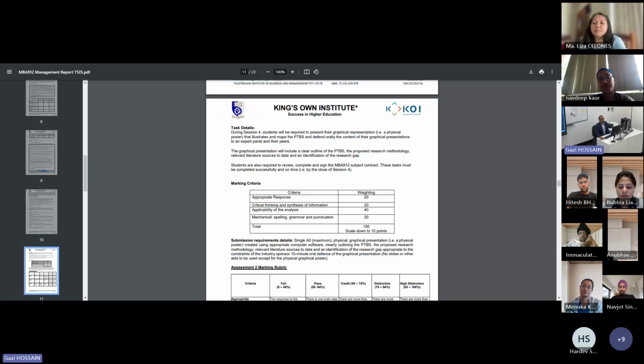If you turn off your camera, this is KY's policy. KY has taken this policy for online and hybrid classes: the students joining online must turn on their camera. Otherwise, they will be considered absent. No attendance will be given.